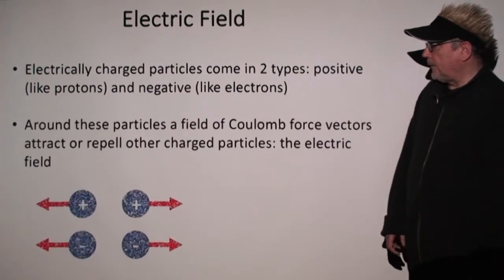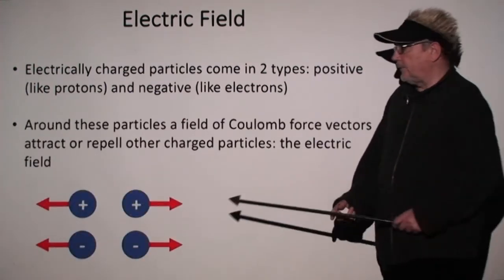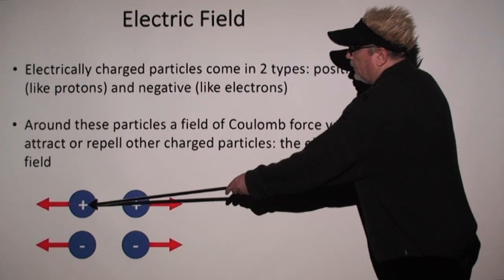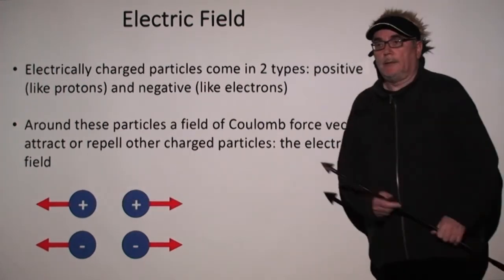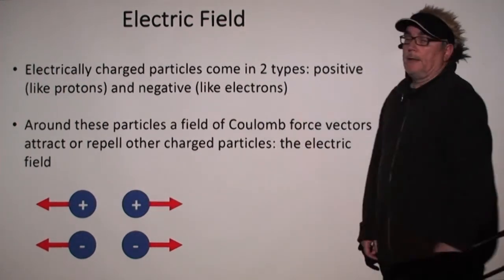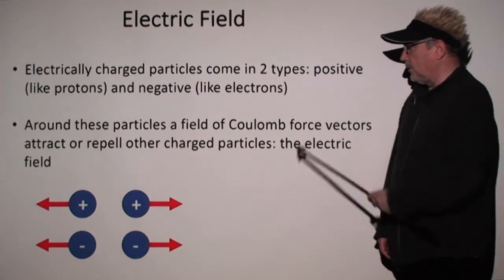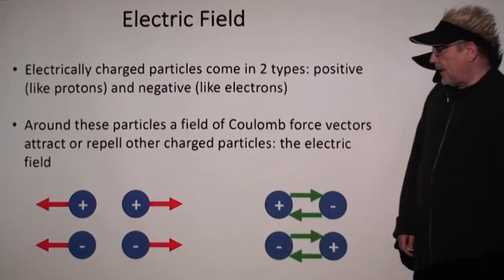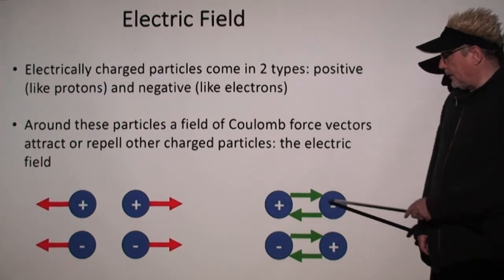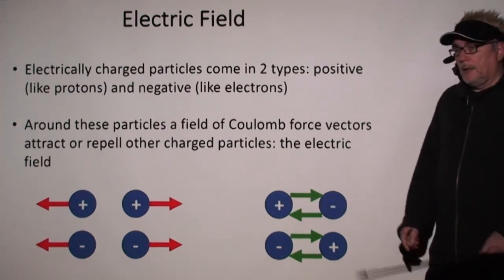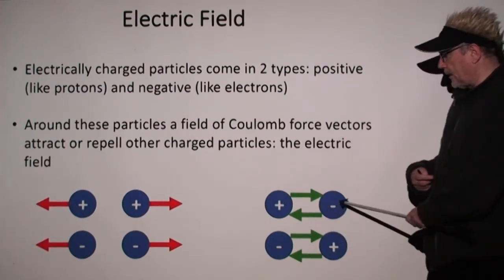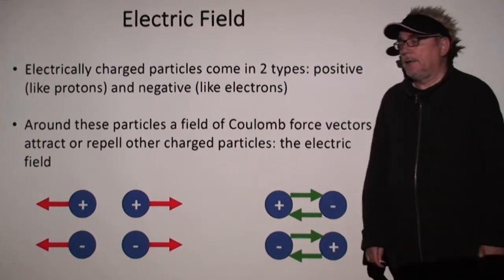What was interesting is that the theory shows us that particles with the same sign will repel each other because of an electric field like that, which is called a Coulomb force field. And on the other hand, when the particles are of opposite sign, positive with negative, they will attract each other.